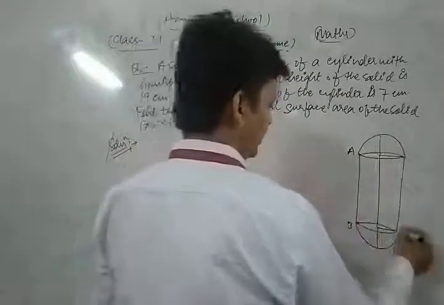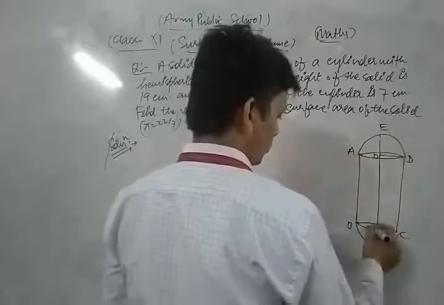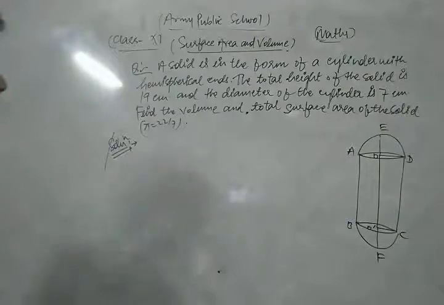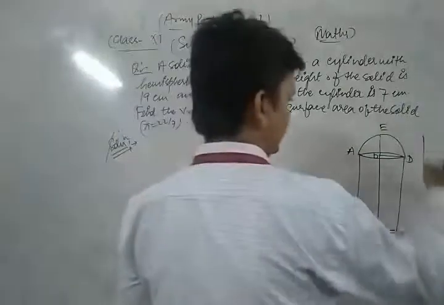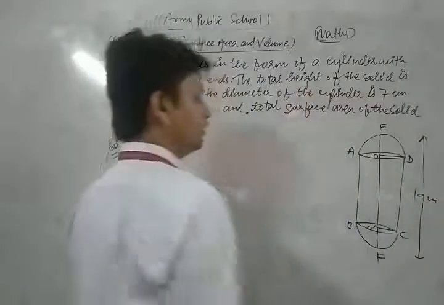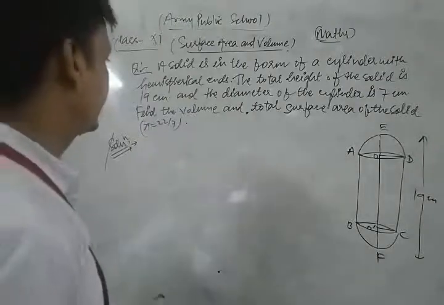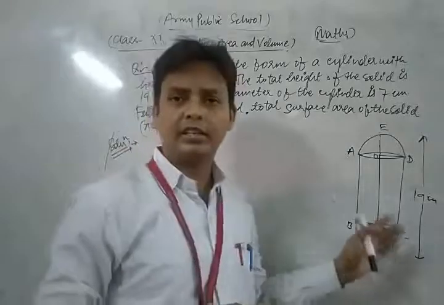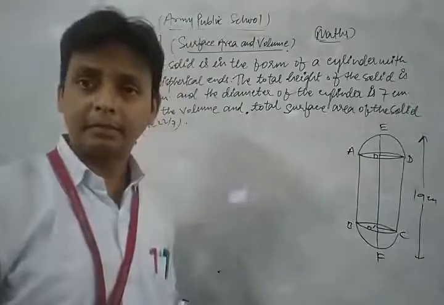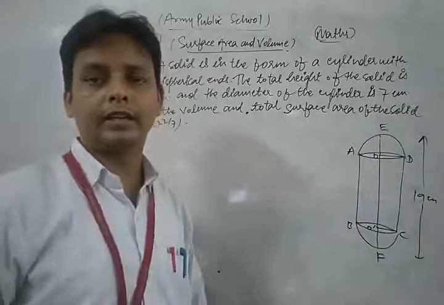Now A, B, C, D, E, F, O, O dash. The total height of the solid is given as 19 centimeter, and the diameter of the cylinder is 7. From the figure it is clear that the radius of the cylinder as well as the hemispherical ends are the same.